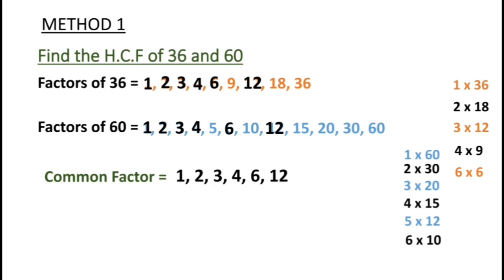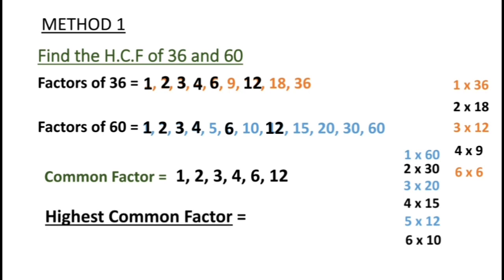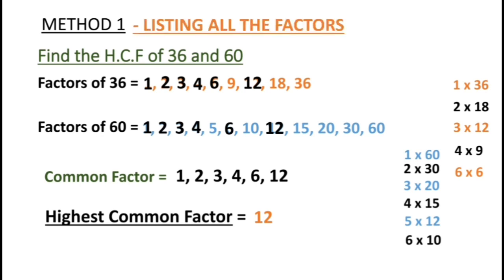In the common factors, which is the largest number or the highest number? 12. So the highest common factor, the HCF of 36 and 60, is 12. So this is the first method of finding HCF, listing all the factors. By listing all the factors, we find the HCF of the given numbers.